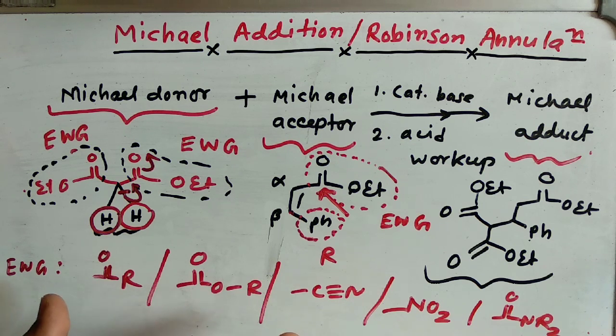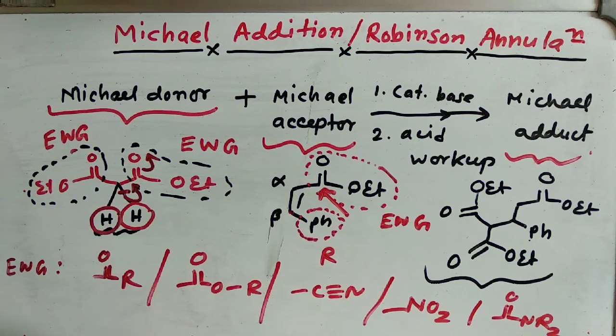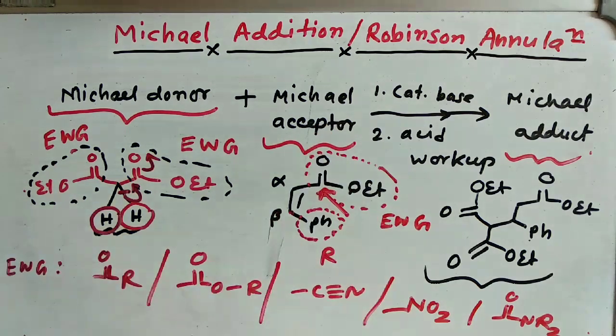Okay, so whatever the electron withdrawing group is, everything is an electron withdrawing group. If any electron withdrawing group is present instead of this one, then that will act as a Michael donor, or if it's present in this one, that will act as a Michael acceptor. That can participate in the Michael addition reaction as a Michael donor or Michael acceptor.